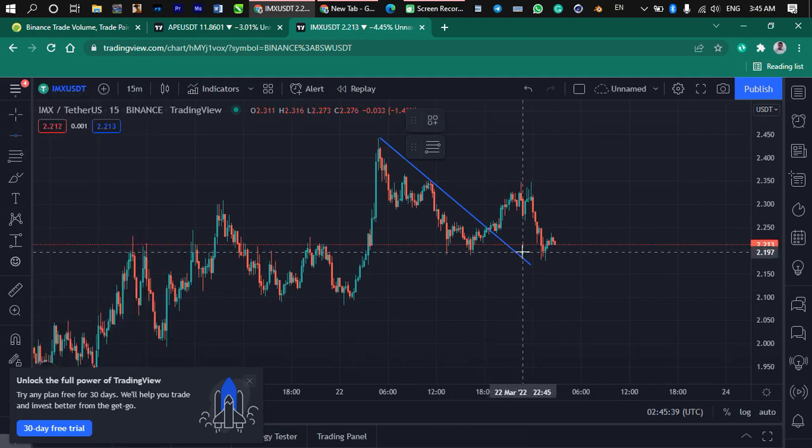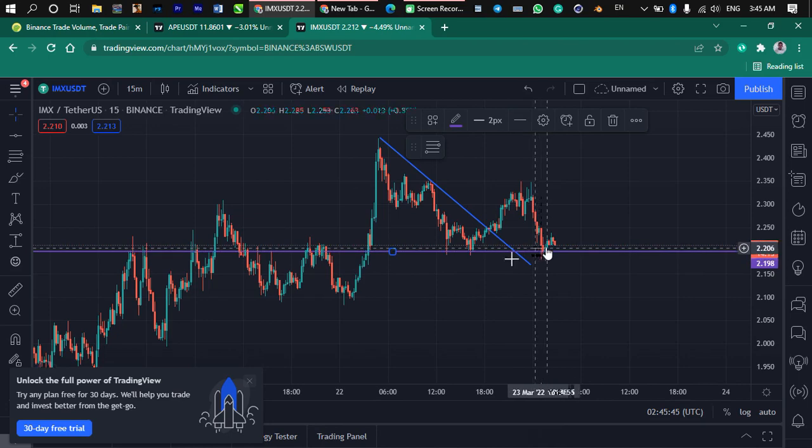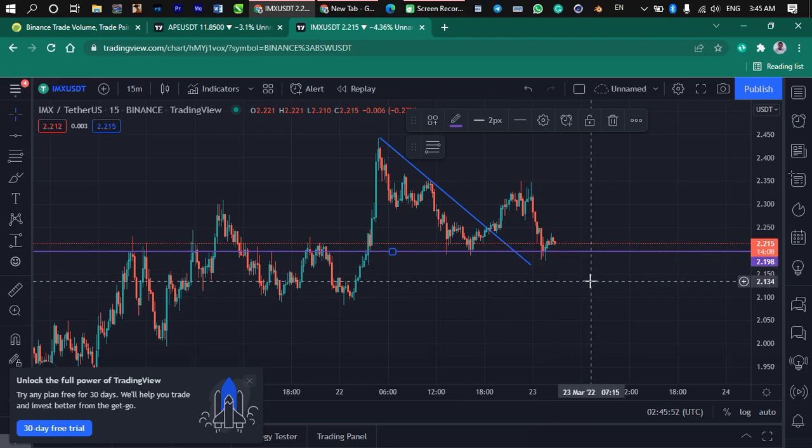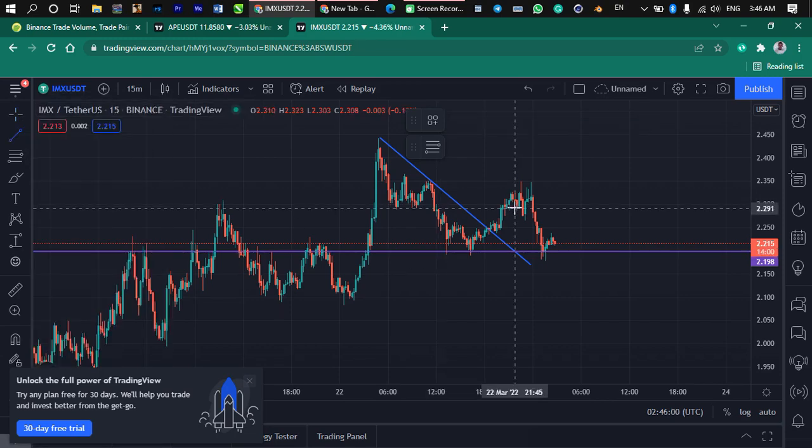You can see that it has created a form of resistance level around this level, but there is still a possibility of it breaking this resistance. Bring out your trend line, whatever you want to trade. That should be the first thing you do.